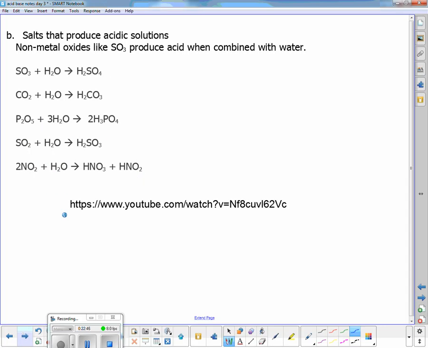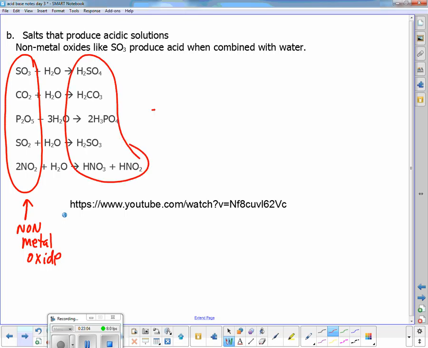Well, if we take non-metal oxides, these are all non-metal oxides, then I'm going to get acids. And again, depending on what non-metal oxide I have, it could be a strong acid or it could be a weak acid.